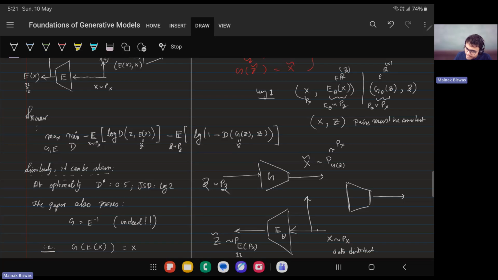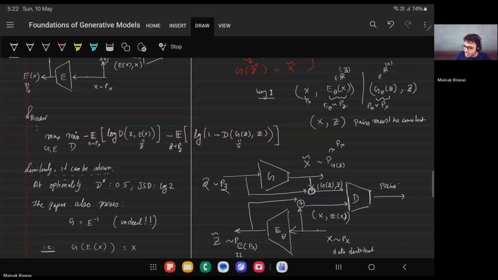I'll pair that with the encoded value of X, so this is a pair of X comma encoded value of X. Similarly, I'll pair X tilde, or G of Z, and Z. So this discriminator will discriminate between pairs of data and latents.